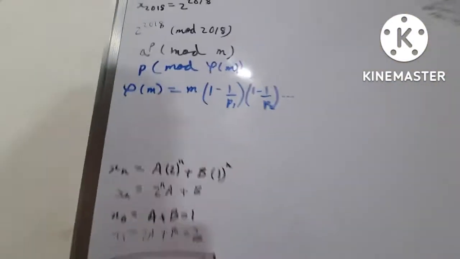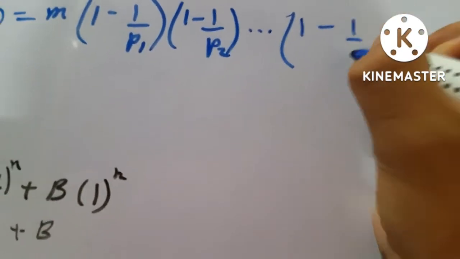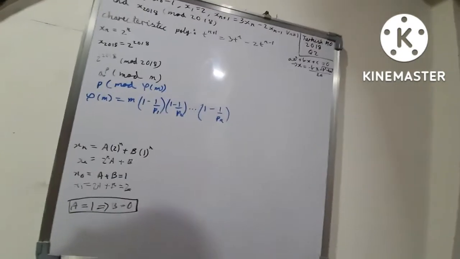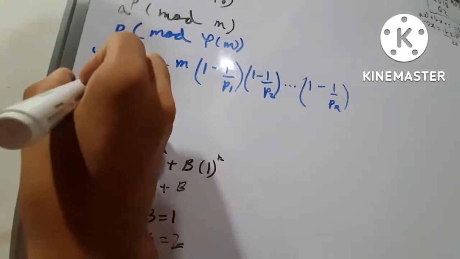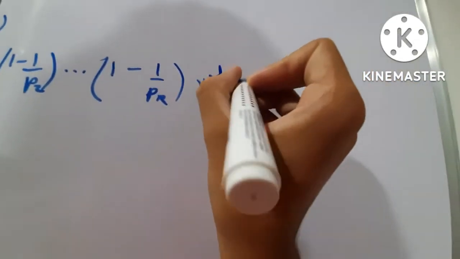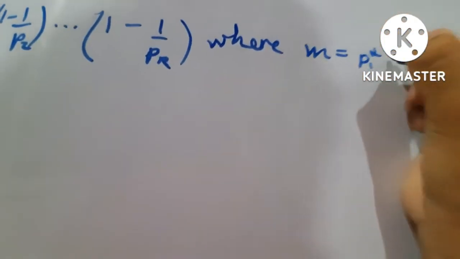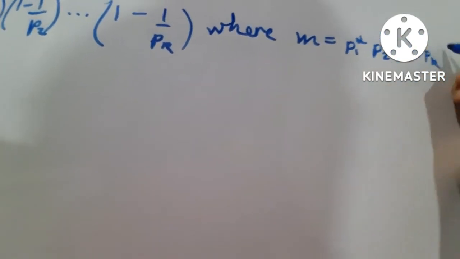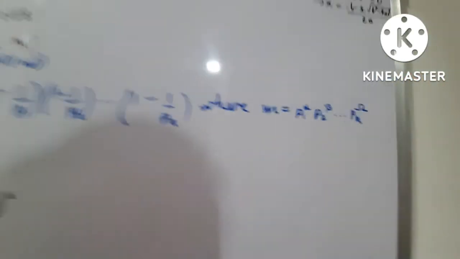Anyways, so we have phi of m, and this goes on to 1 minus 1 upon pk. Let me point out the fact that m is equal to p1 to the alpha, p2 to the beta, all the way to pk to the omega, probably.